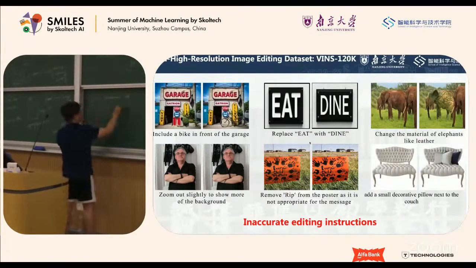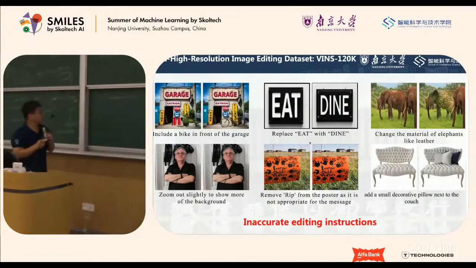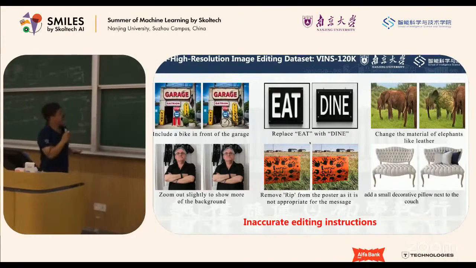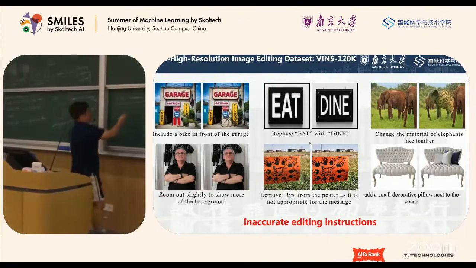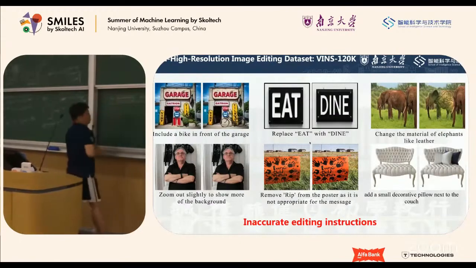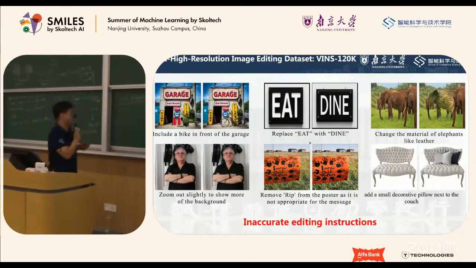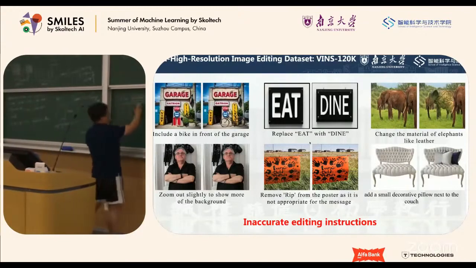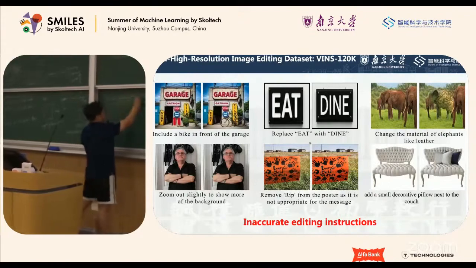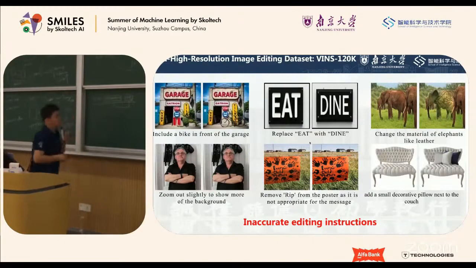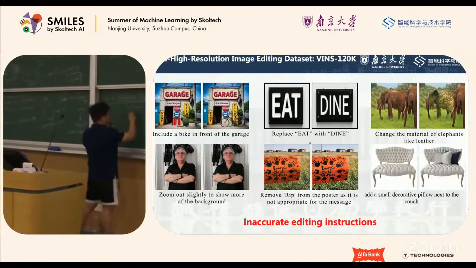If you want to train an image editing model, you have the triplet. So here is a problem that the previous editing datasets have: the instruction and the ground truth are inconsistent.